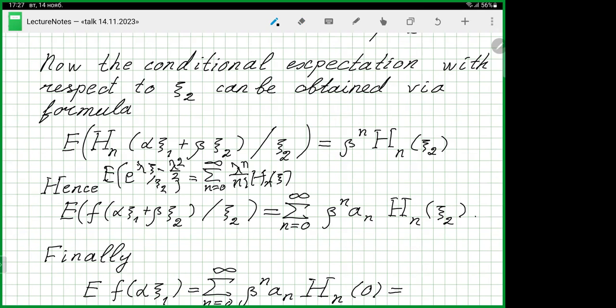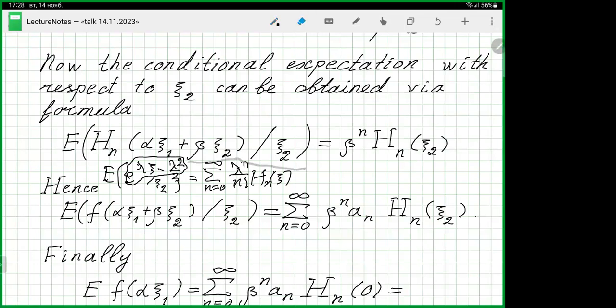And then you just use the fact that alpha square plus beta square is equal to 1, and independency of these two standard Gaussian variables. And by the way, this is a stochastic exponent. Its expectation is equal to 1. So this is the idea.